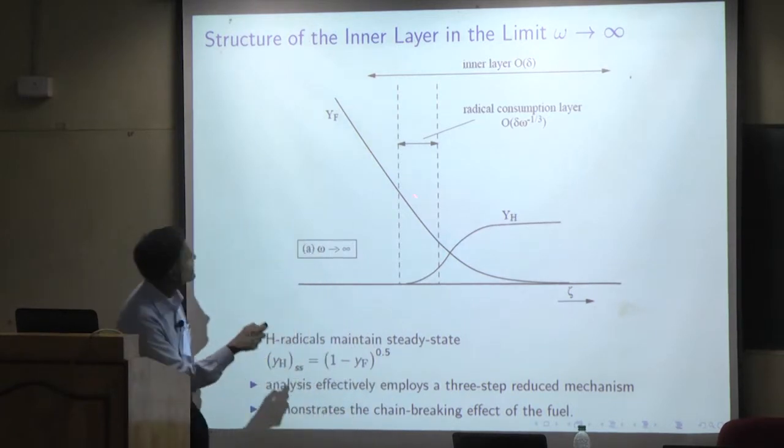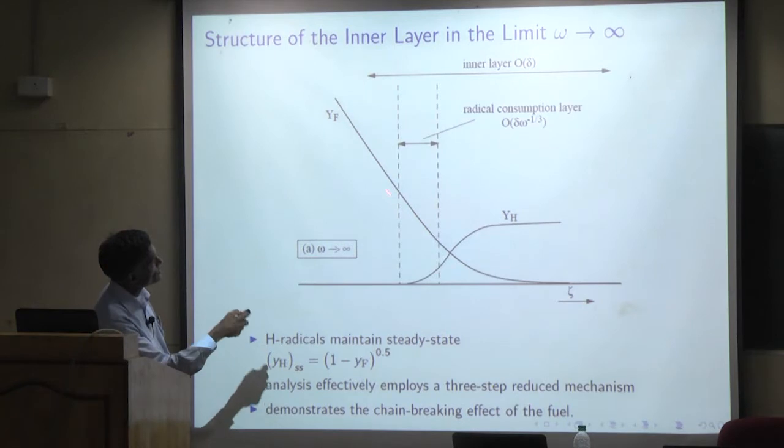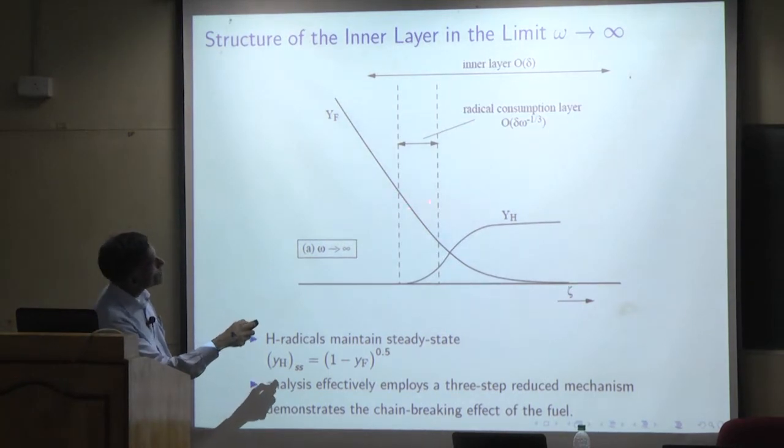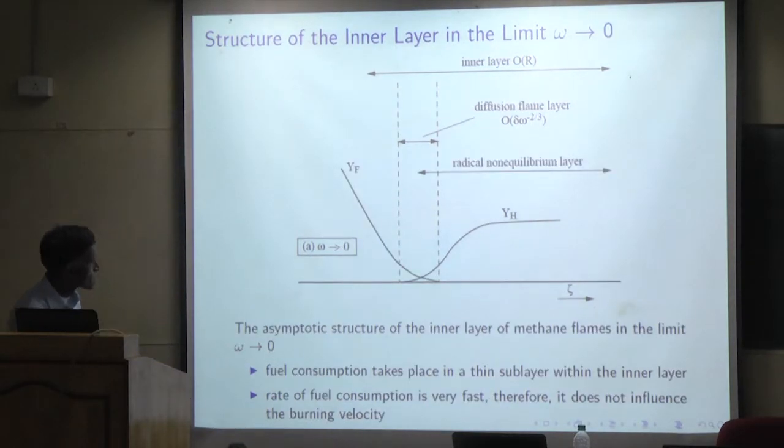And then the H radical does this. That's the structure. And there's a thin layer here, which is called the radical consumption layer. It turns out that you don't need to analyze the radical consumption layer to get the burning velocity. So that's the asymptotic structure in the limit of omega tending to infinity.